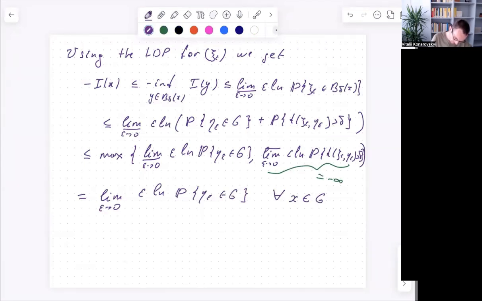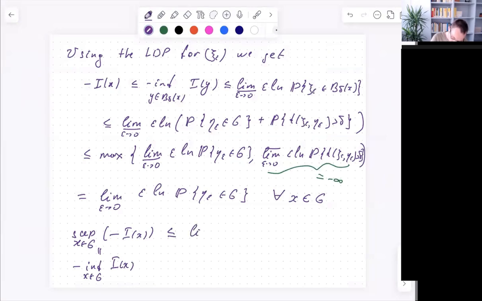Then you will have that the supremum over x belonging to G of minus I of x, but this supremum is equal to minus the infimum over x belonging to G, and that is less or equal than lim. I'm sorry, I forgot here to write the lower limit. Epsilon goes to 0, epsilon logarithm of the probability that psi epsilon belongs to G. And this finishes the proof of the proposition.